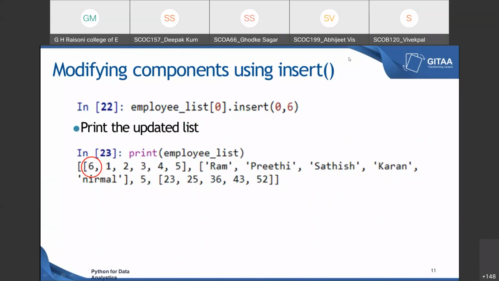Now, if you write employee list of 0 dot insert 0, 6, it is going to show you output after writing the print statement. Employee ID 6 is added in the 0th position in the employee ID. Like this, it is going to show you the output.